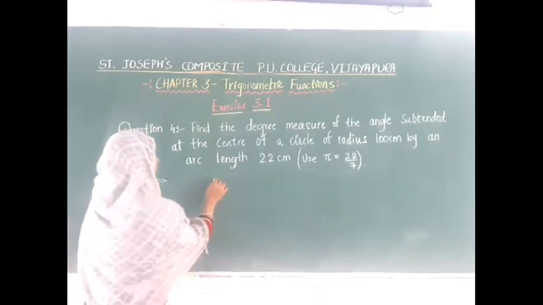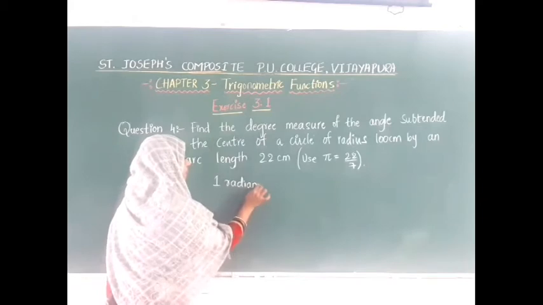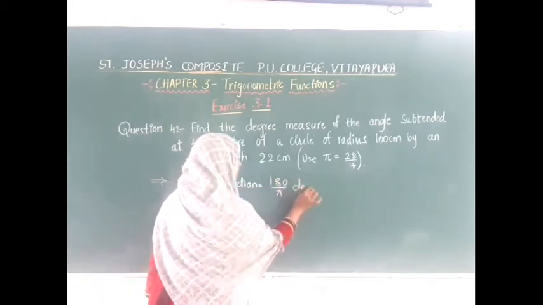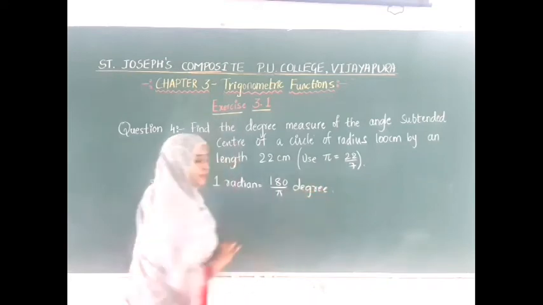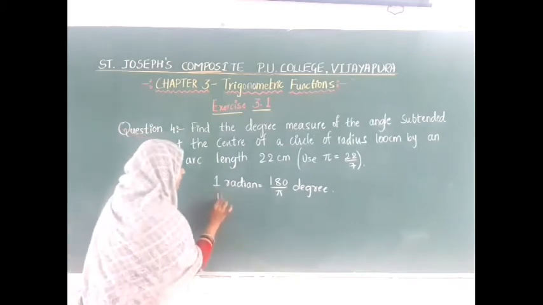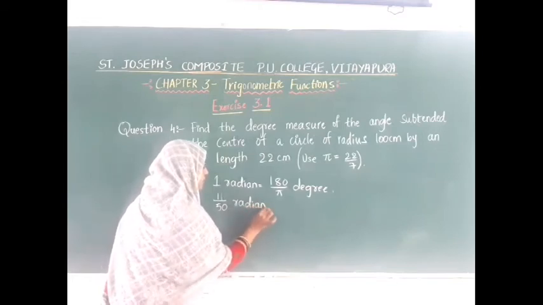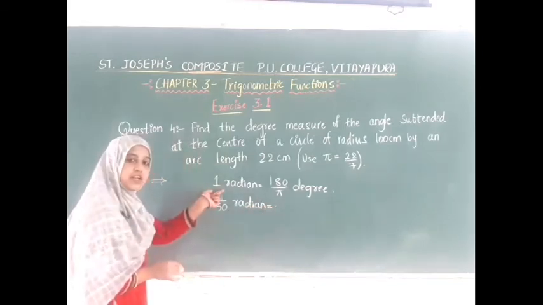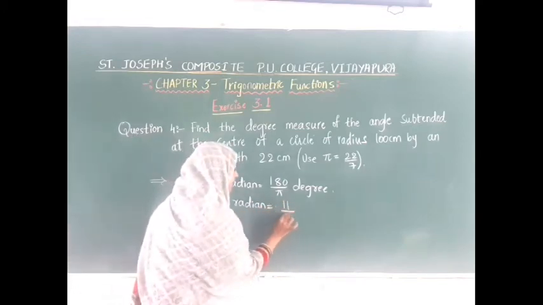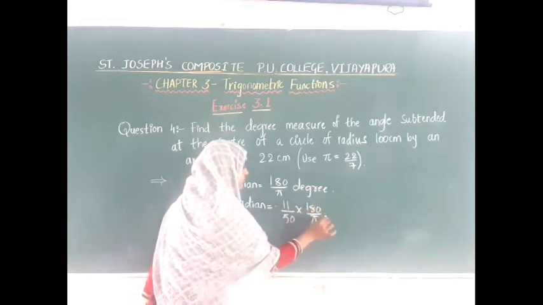And we know that 1 radian is equal to 180 by pi degree. Here we have to calculate for the value of 11 by 50 radian, which is equal to 11 by 50 into 180 by pi degree.